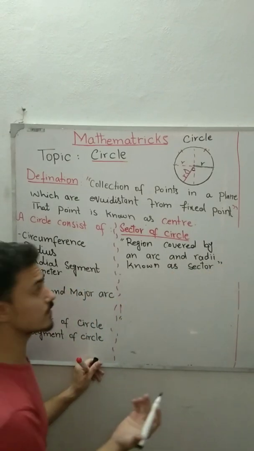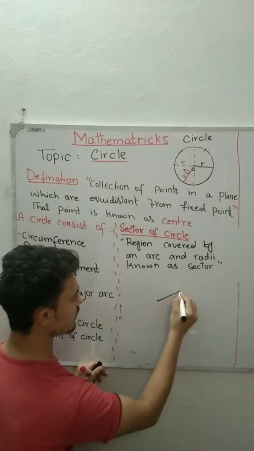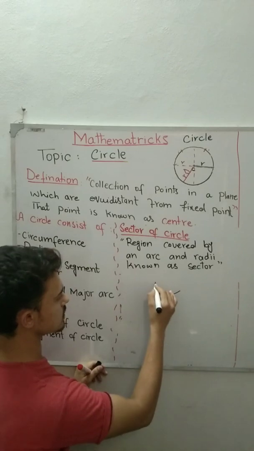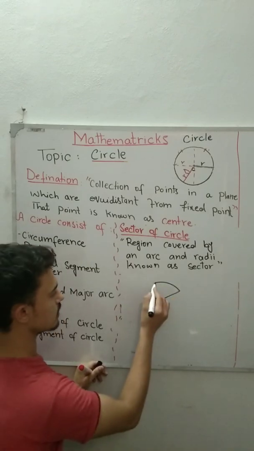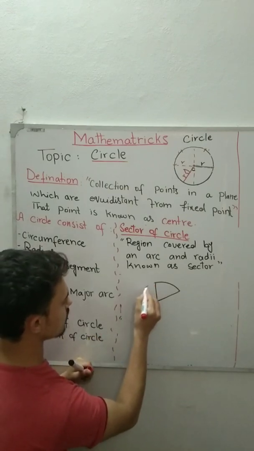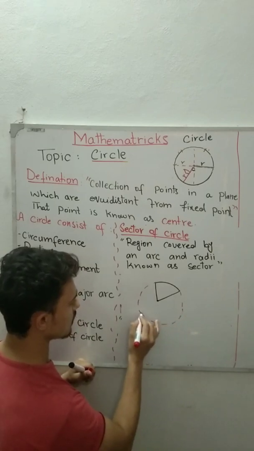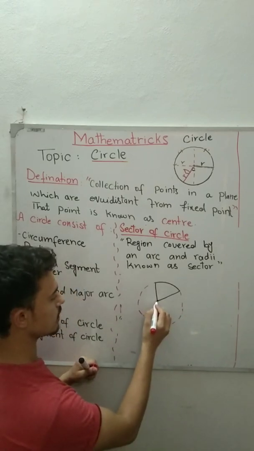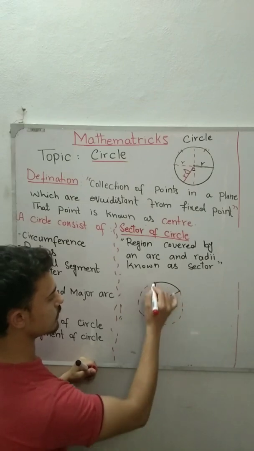That's the general definition of a sector of a circle. Let me show you here. I have the center, I have the radius. This is my arc. That was actually my circle, and I just take the path followed by an arc and 2 radii.